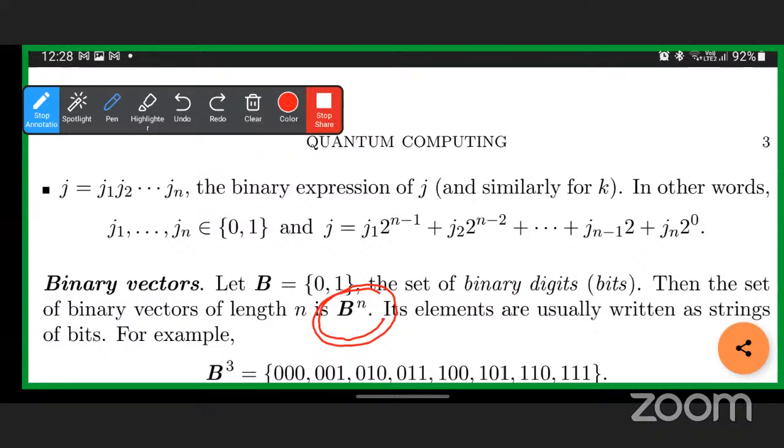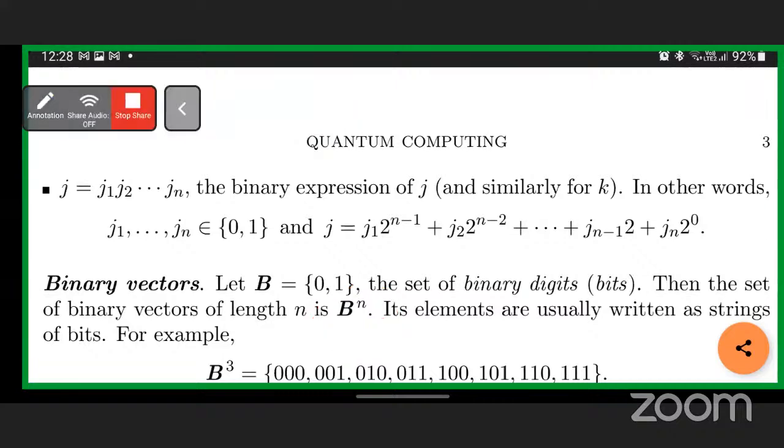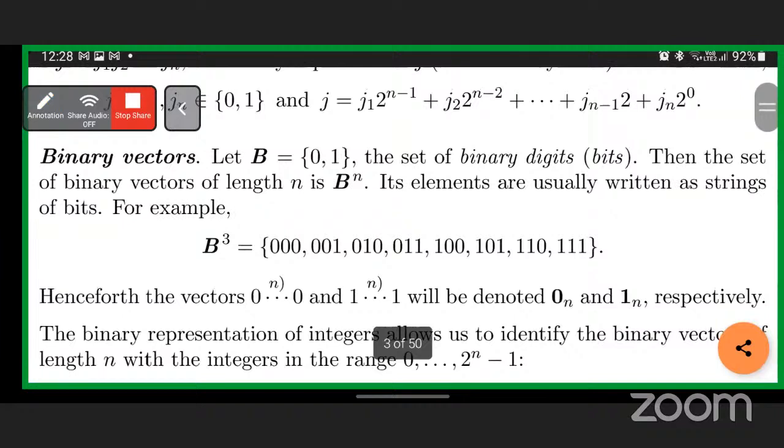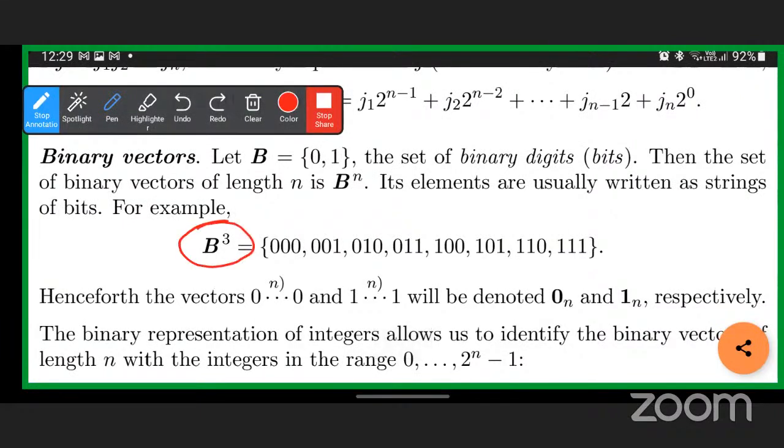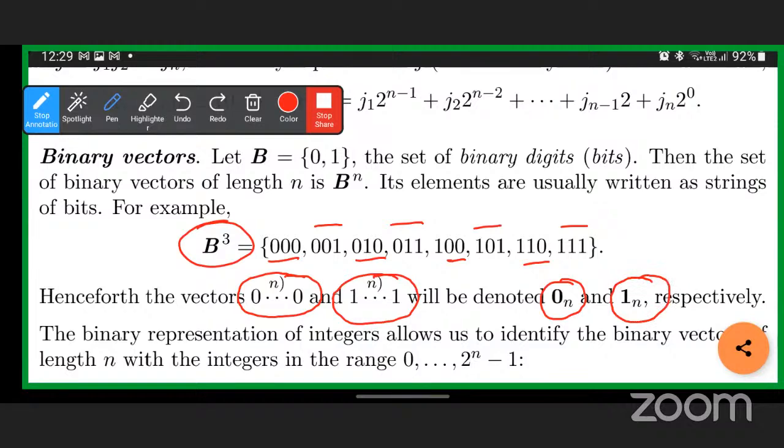Take for example B cubed. So B cubed will have all possible 3-tuples. In particular, we will denote this tuple with 0 n. If you have come across this notation, this is what that notation is all about. And all ones are denoted by 1 n.